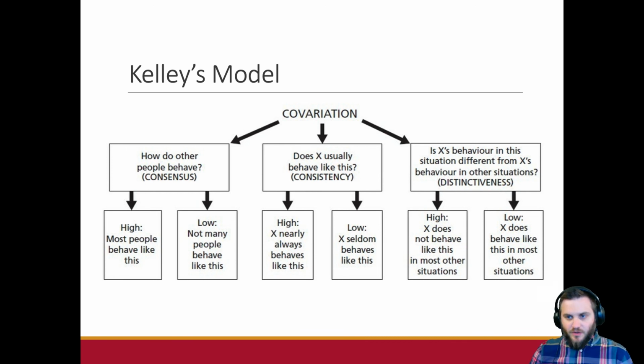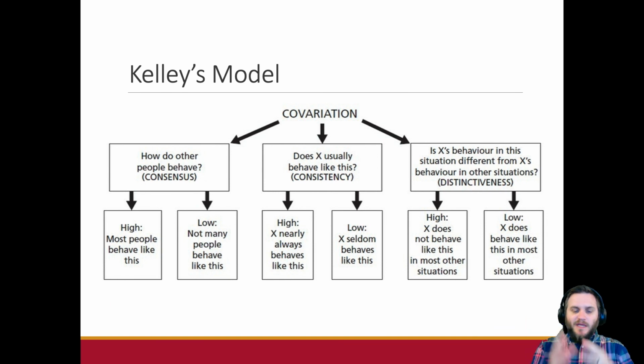So internal, external. So whether something is specific to the situation or general about that person, actually I should flip that to make it internal, general about a person, or external, something specific, using these 3 types of information. Those 3 types of information are consensus, consistency, and distinctiveness. Consensus is how do other people behave? And he made these continua. Okay, so these are dimensional.